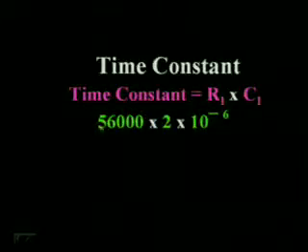The resistance was 56 kilo ohm and the capacitance 2 microfarad. Let us see what the time constant is. The time constant is coming 0.11 second. Whether this duration is sufficient for the sink separation, we will discuss here again.